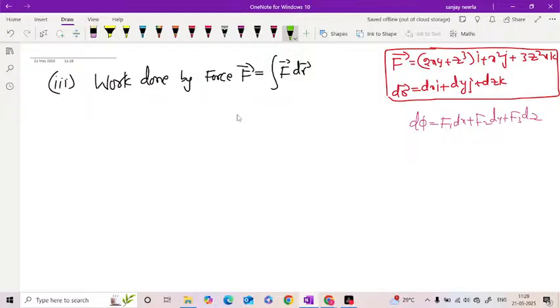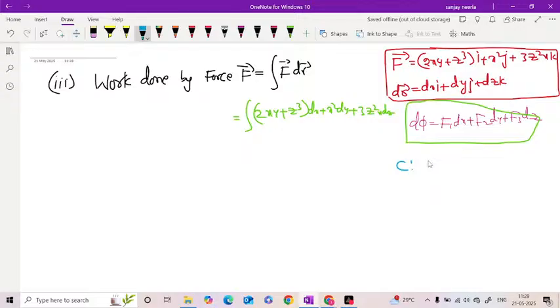Now come to the question. In this question, the whole integration of (2xy plus z cube) into dx plus x square dy plus 3z square x into dz. And what is our path? Now the path is from 1 comma minus 2 comma 1 to 3 comma 1 comma 4.